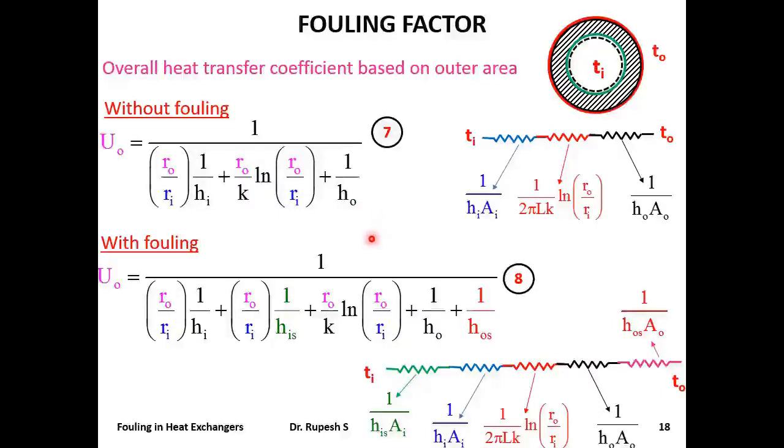So similarly for the case with fouling, this resistance on the inner surface contributes to Ro by Ri into 1 by Hi, and this resistance contributes to Ro by Ri into 1 by His. Whereas resistance on the outer surface, this resistance contributes to 1 by Ho, and this resistance contributes to 1 by Hos. So equation 8 is the expression for overall heat transfer coefficient based on outer area for a heat exchanger with fouling.